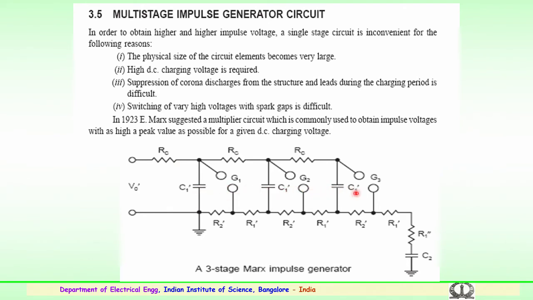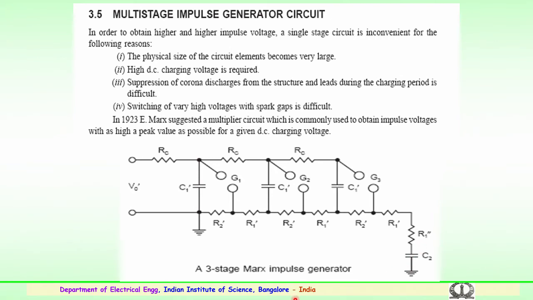After charging, the entire charge is discharged through the sphere gap arrangement, and you get the output voltage depending upon the number of stages.